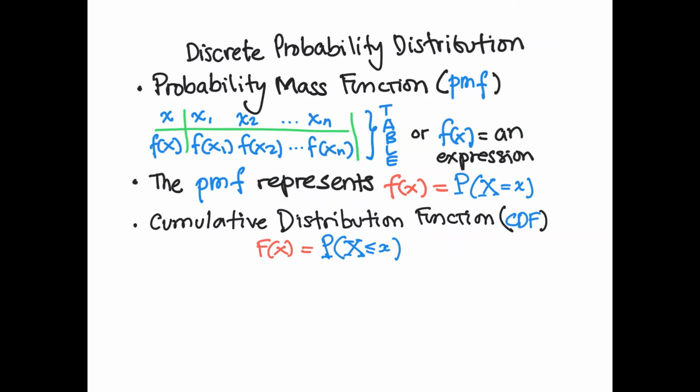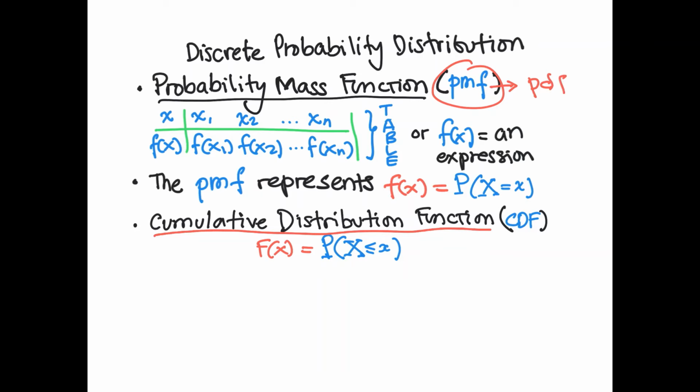Associated with the discrete probability distribution, there is another function called the cumulative distribution function, or CDF. The probability mass function that we mentioned earlier is referred to as PMF, but in many references it's still called PDF.